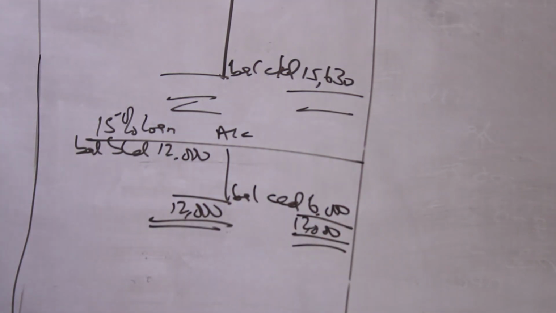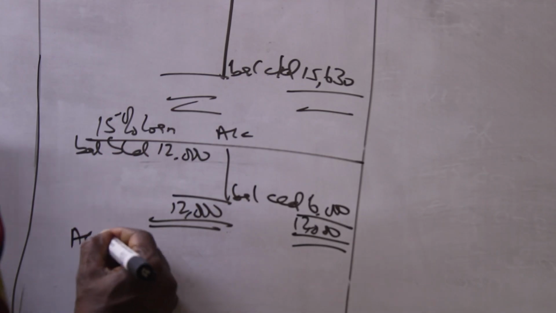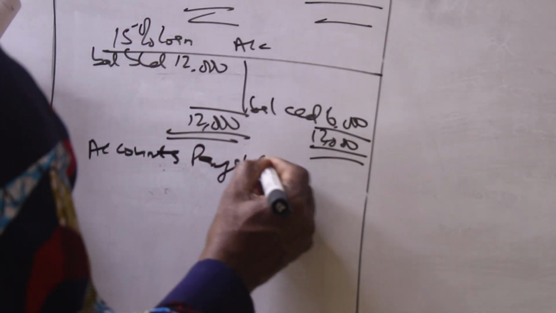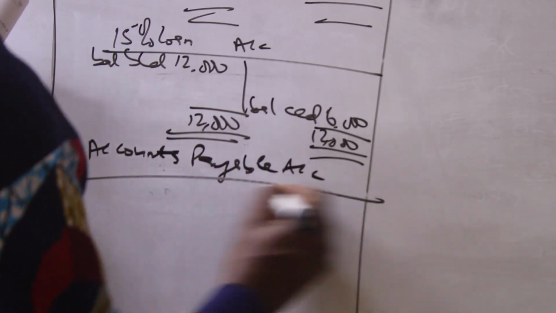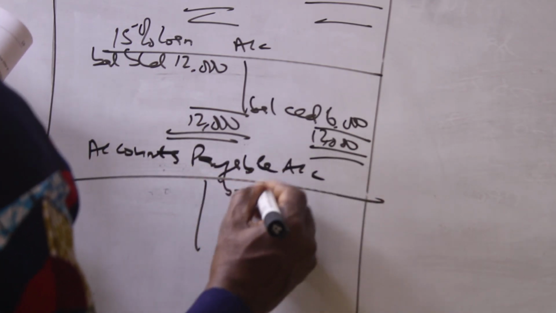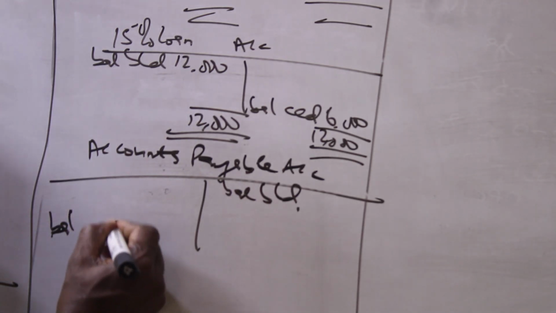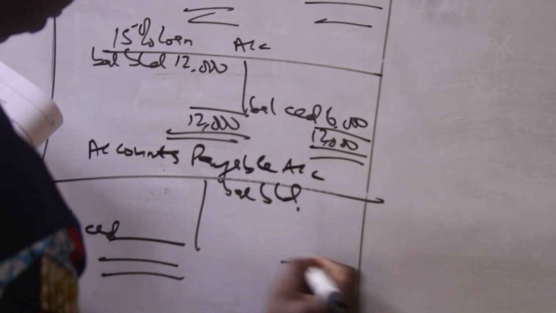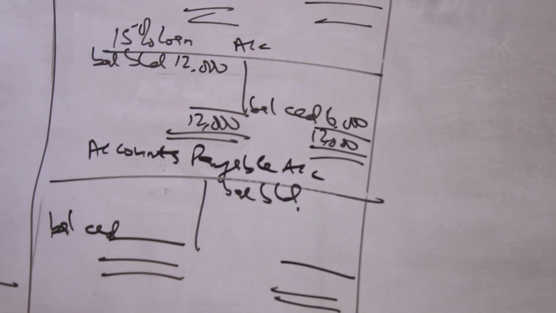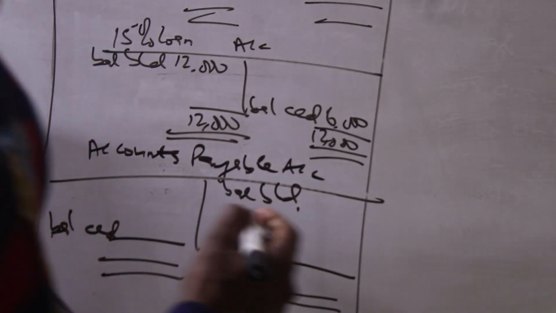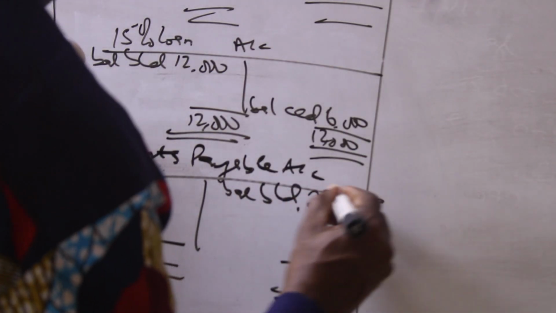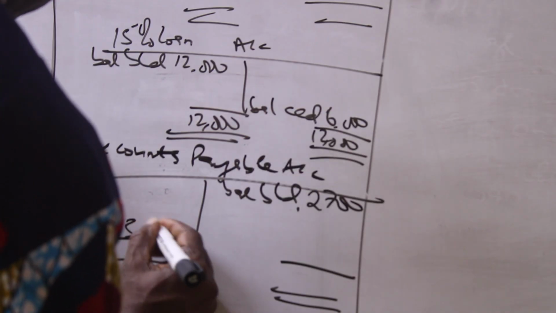We have accounts payable. Balance brought down, and balance carried down. 3,000s. 2,700, 3,000s.